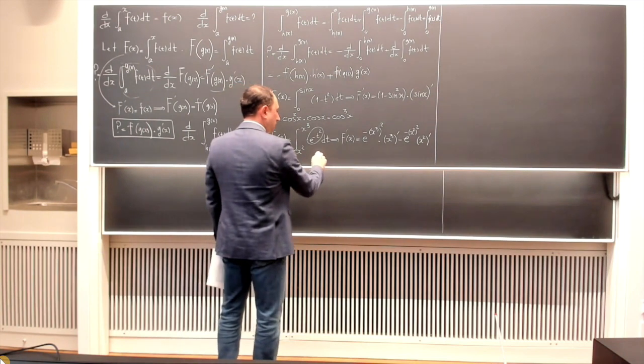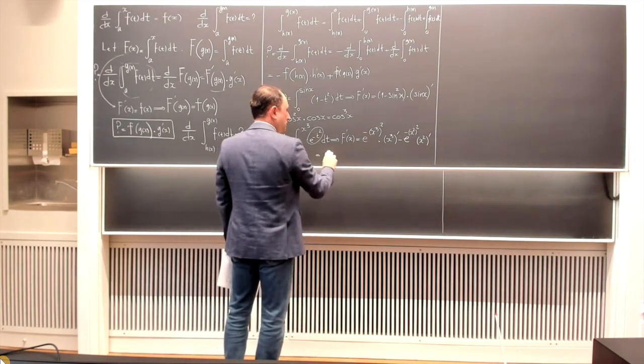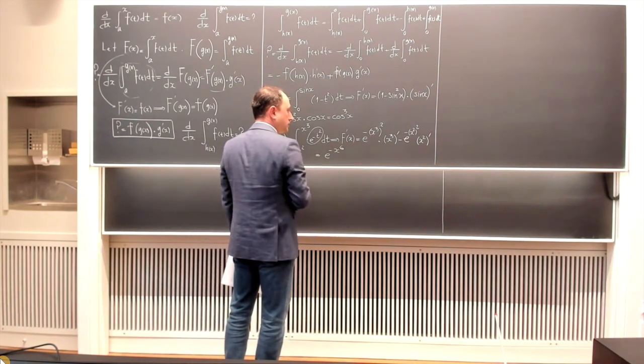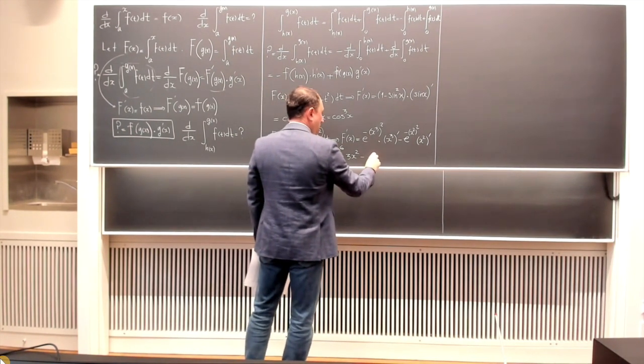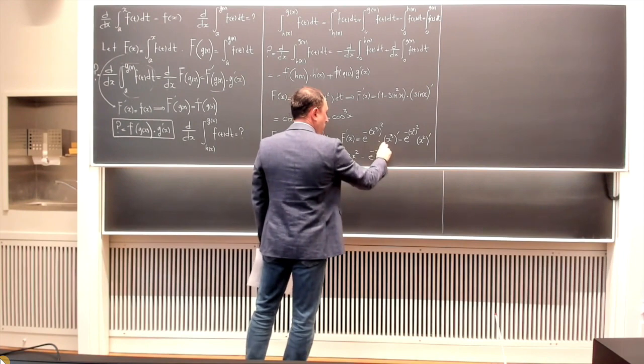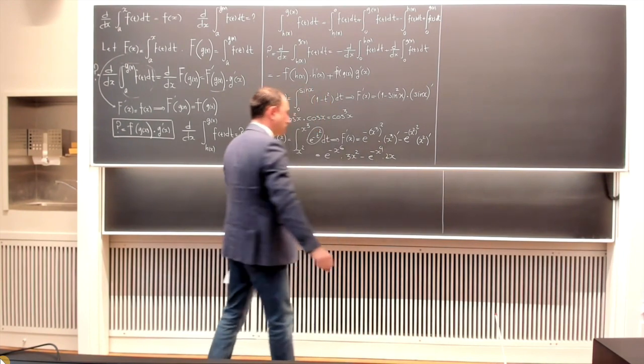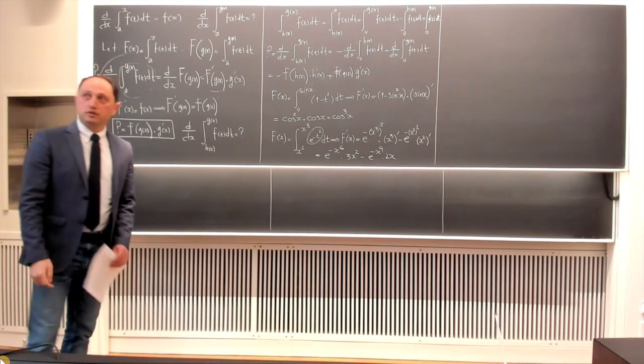So let us calculate this. This becomes e to the power of minus x to the power of 6 times 3x squared, and then minus e to the power of minus x to the 4 multiplied by 2x. So that would be the derivative of this function.